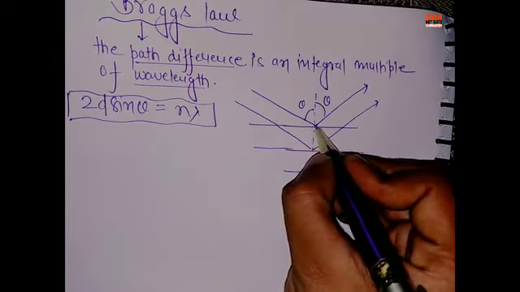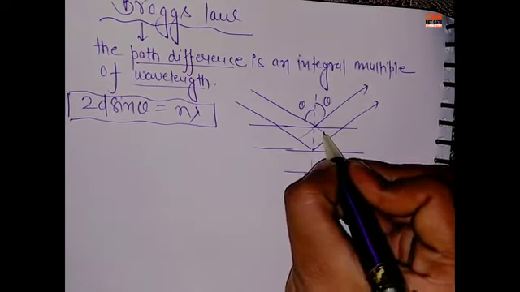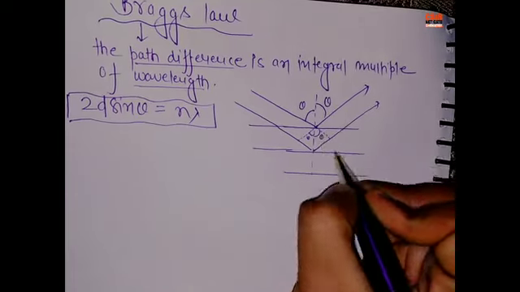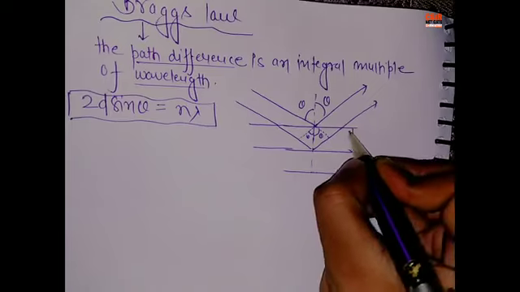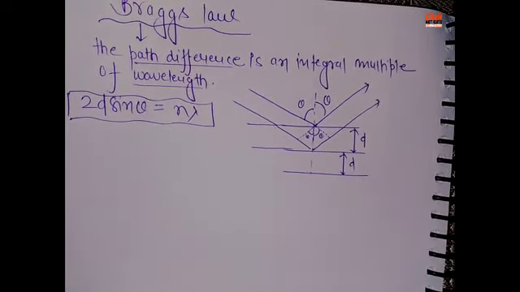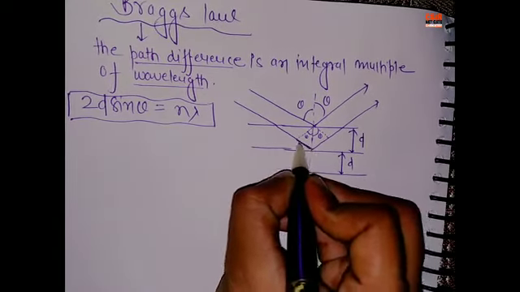Let's say I pass a normal here and one normal here. So this is also theta and this is also theta, and let's say this interplanar distance is d. This is the interplanar distance, and this is the path difference.